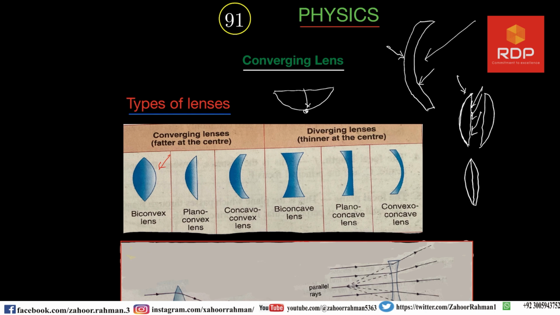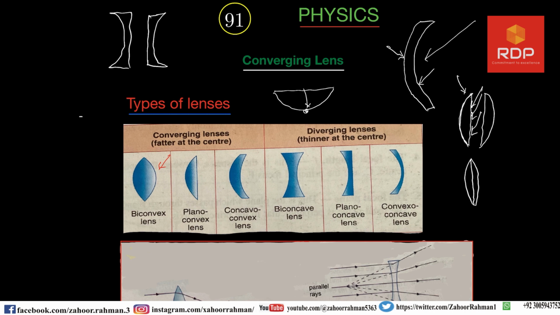Now let us turn our focus to the concave or diverging lenses. In this regard, there are three types of lens, in which the first one is the biconcave lens. There is one concave lens in this form and another concave lens in this form.